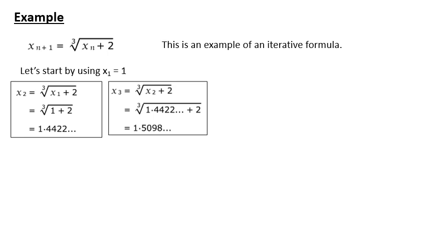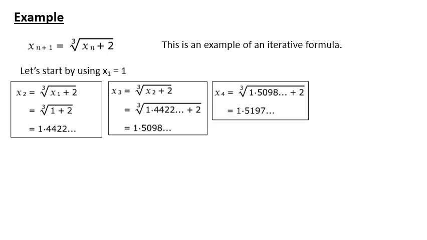To work out the next value, which would be x3, we need to use our answer to x2. So we need to substitute 1.4422 back into that formula. This time we get 1.5098. Next we put in 1.5098 again back into that same formula. This time we get 1.5197.